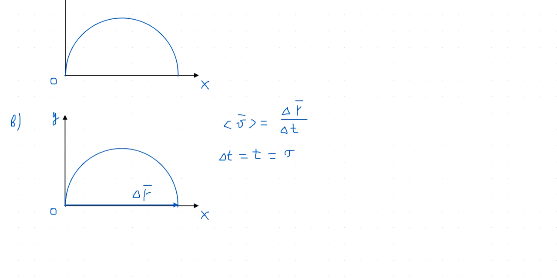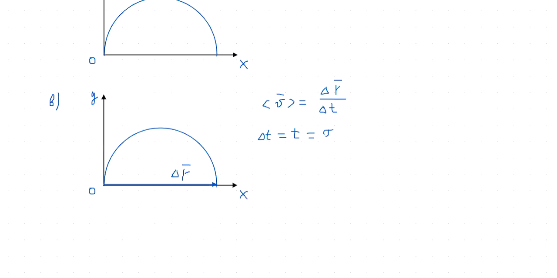I mean that we need to write a displacement vector with its coordinates, or we need to write this analytically. To do this, we may notice that this distance is equal to double r, because the diameter is equal to two radiuses.